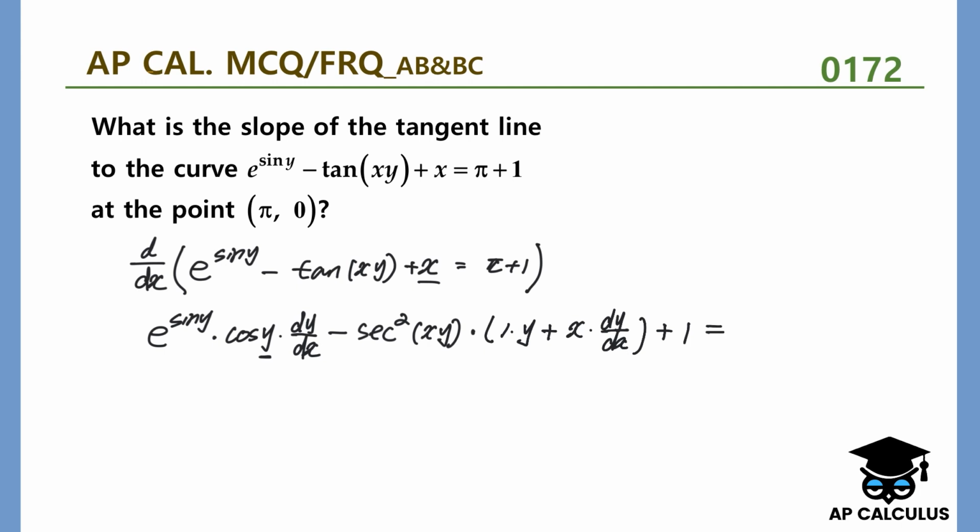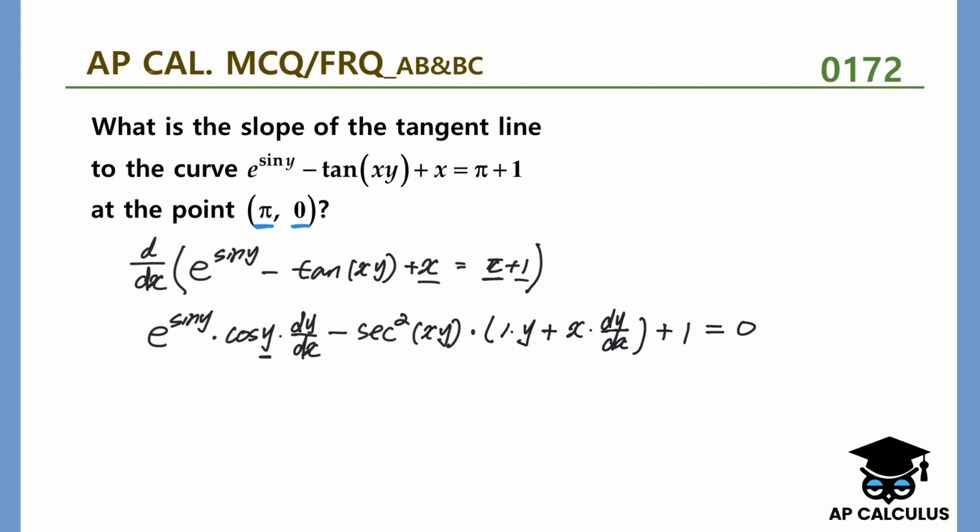So that is equal to, here pi is a constant. Pi is a number, 3.14159. So its derivative is equal to 0. And the derivative of 1 is equal to 0. So 0 here. So far so good. Now substitute pi for x and 0 for y.